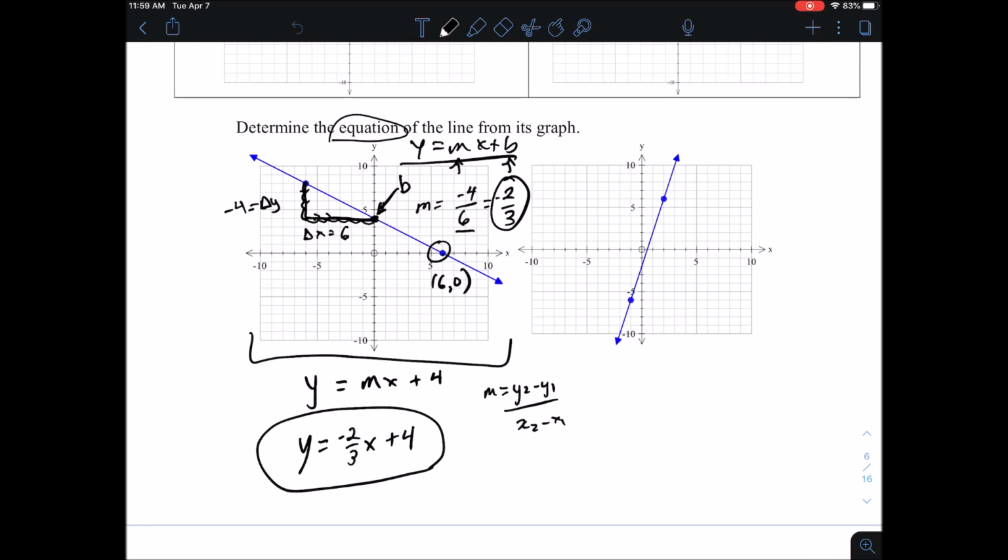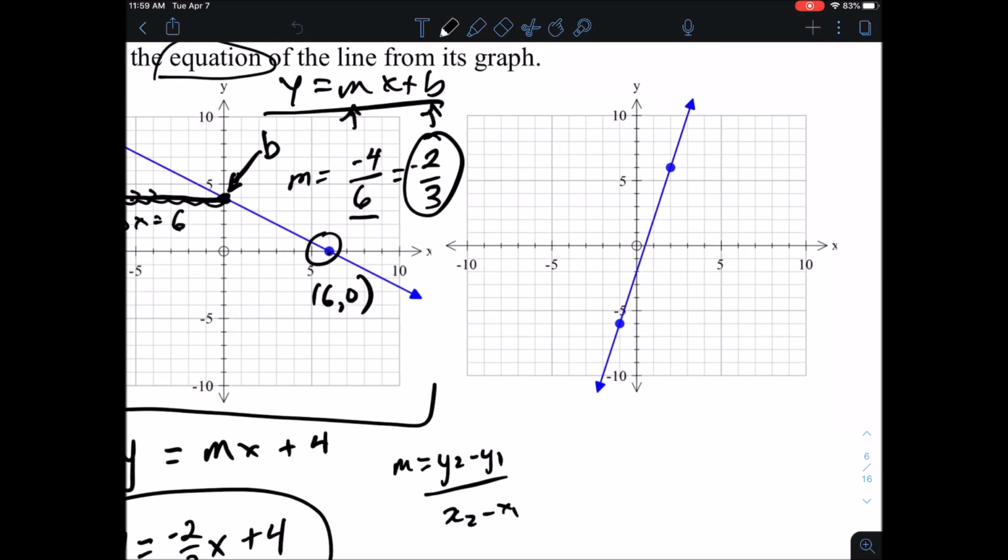Okay, so in this last question, again, I want to find where is b? B is right here. That's the y-intercept, where the line crosses the y-axis. So b is at -2. And then I want to calculate the slope. So I can go 1, 2, 3, 4 up, and 1 over.